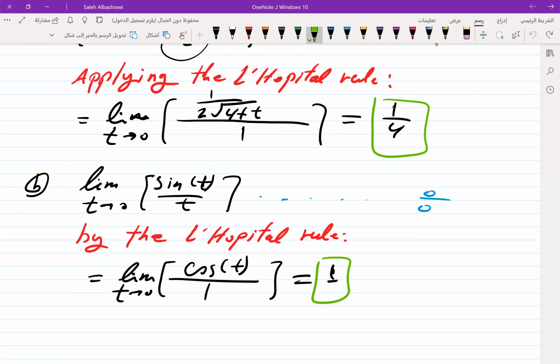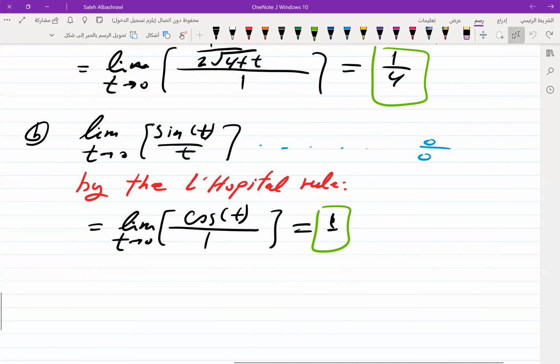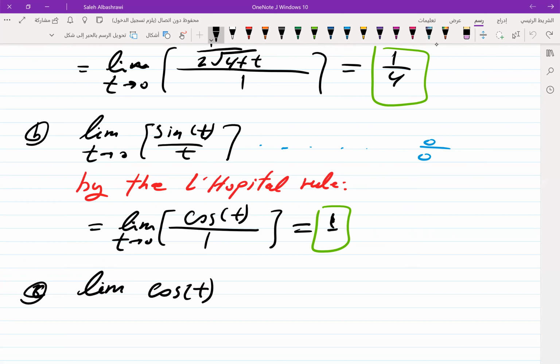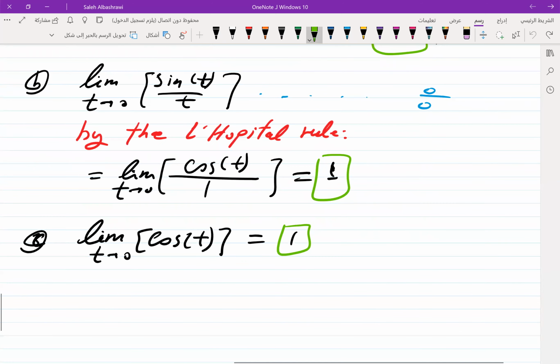So the limit is equal to 1. For the third component, I have cosine of t. The limit of cosine of t as t goes to 0 is equal to 1.